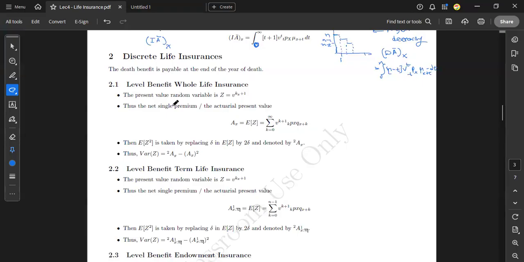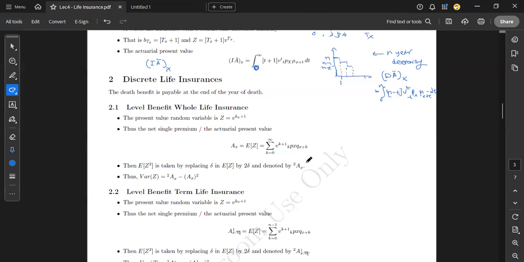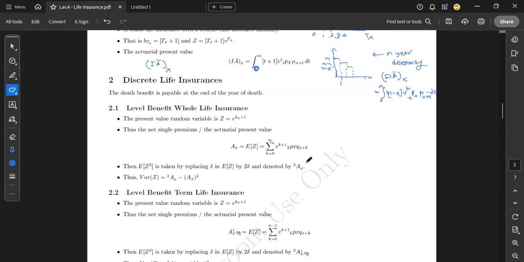So for the whole life, it's like this. So discrete means in terms of the payment. So in the previous case I mentioned continuous means the benefit is paid at the moment of death. So in this case, the benefit is paid after the death during the time interval they consider.